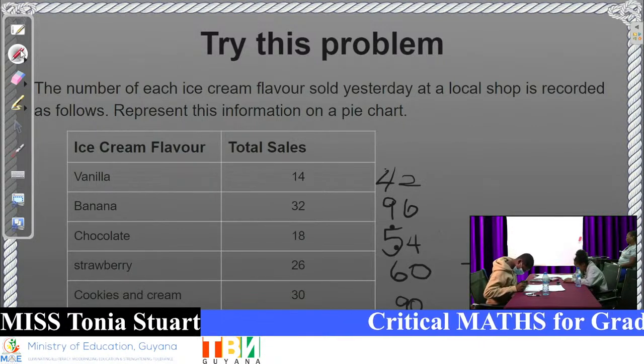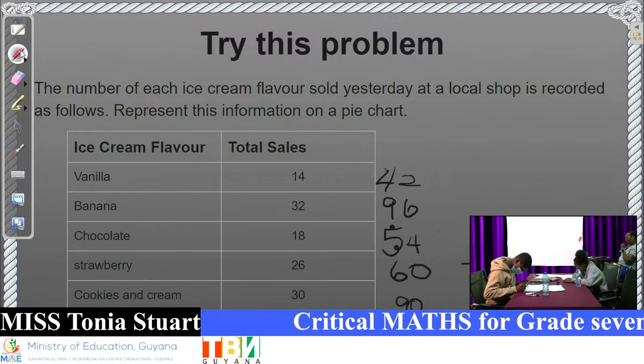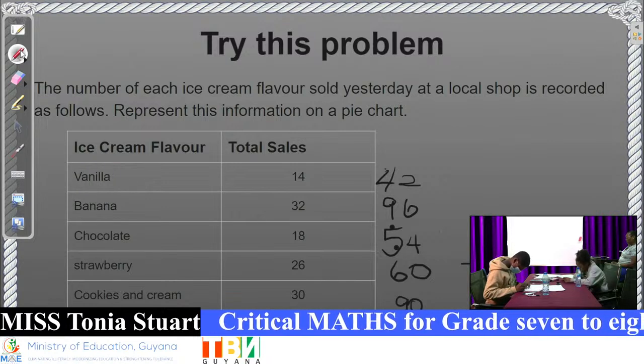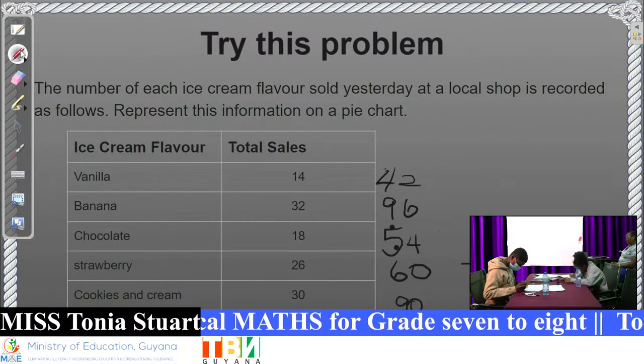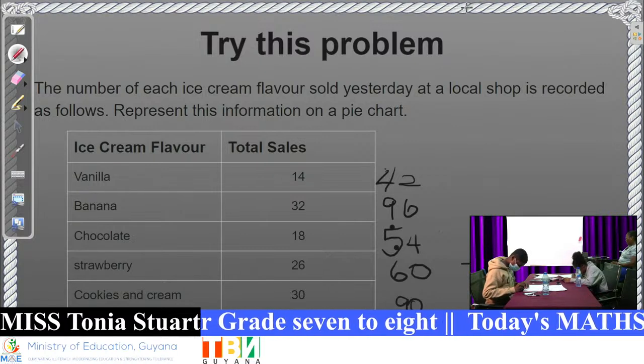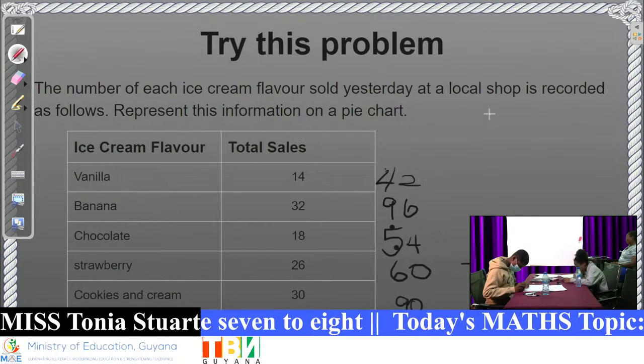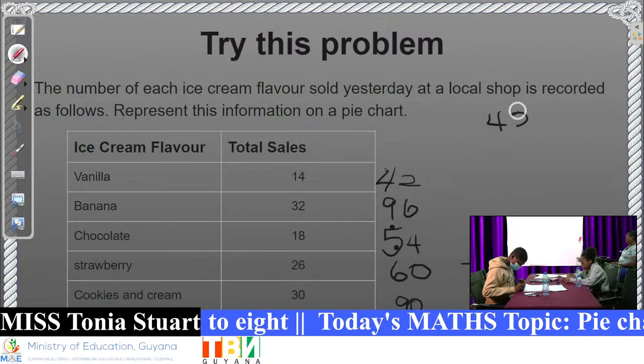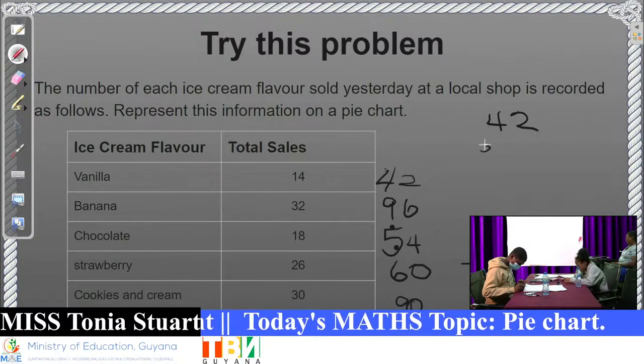And remember I showed you how you can calculate in parts, where you have your 42, your 96.